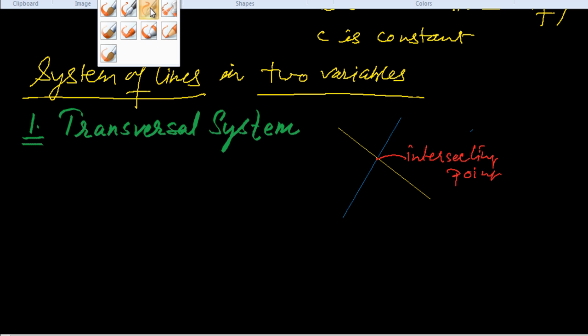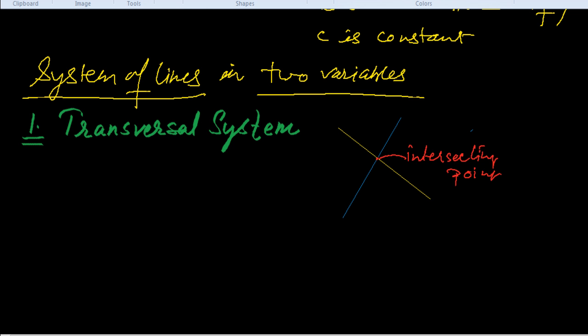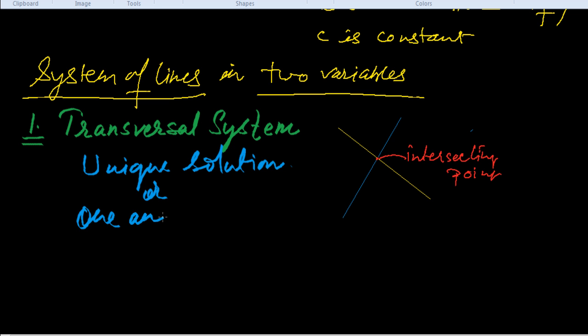So I explain to you here, we get the unique solution. Or we could also say one and only one solution we will get here.